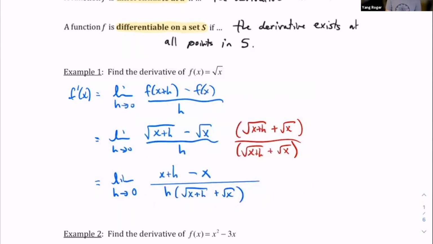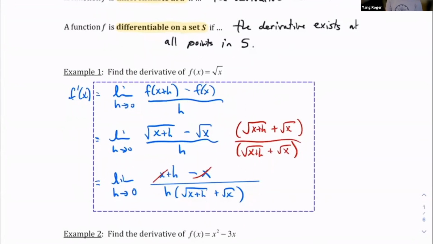So what do we see happening here? We see that the x and the minus x cancel each other out. So I'll write one more line. Now let me shrink this down a little bit.